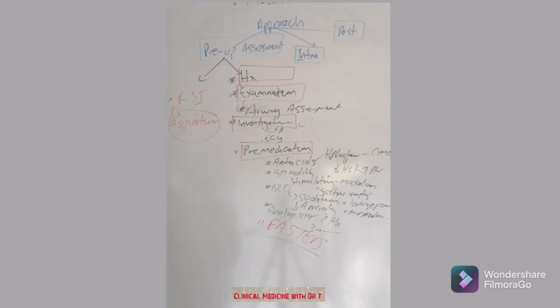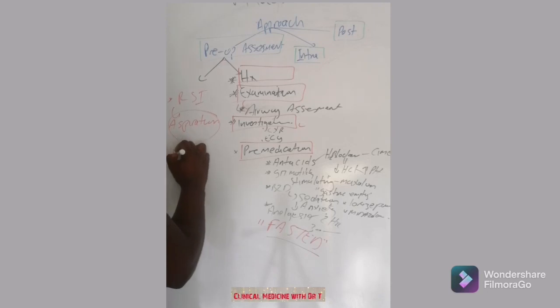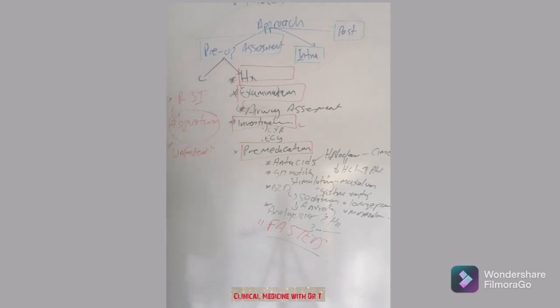So what are the patients that we have to do an RSI on? These are unfasted patients. When you are unfasted, you've got a high risk for aspiration.